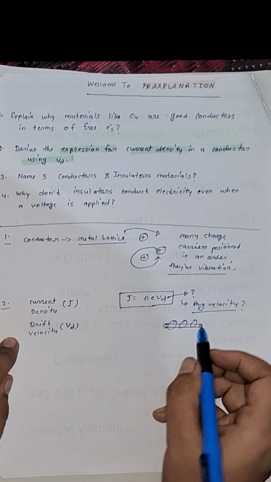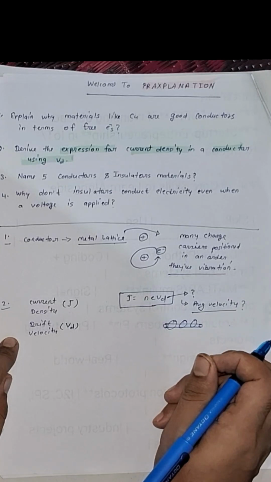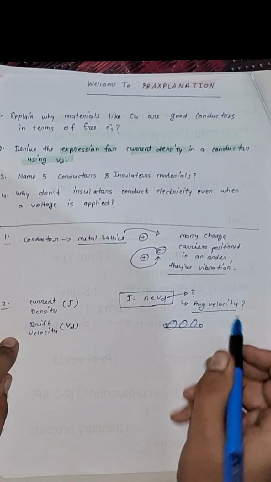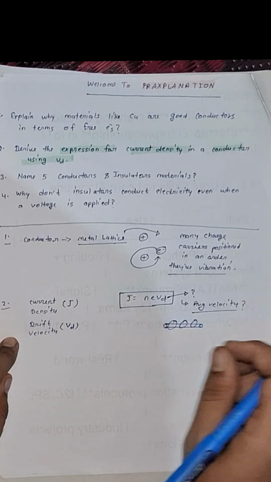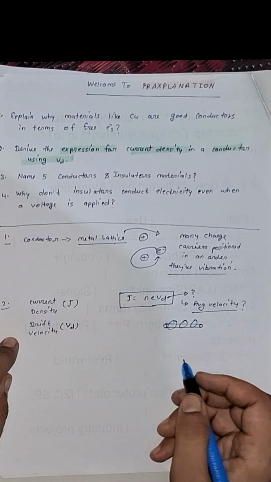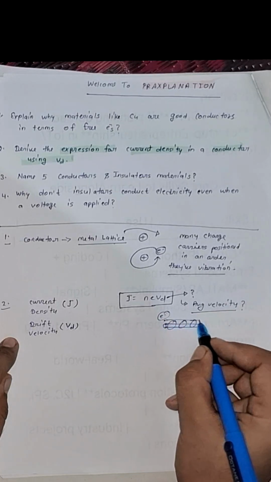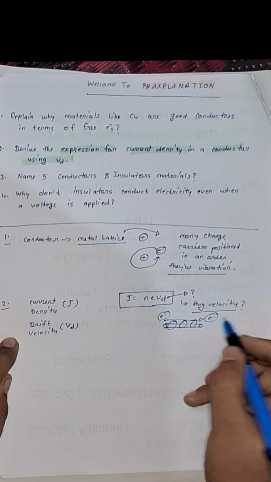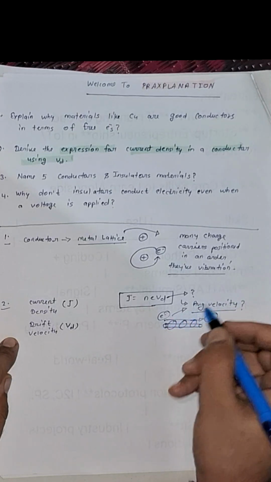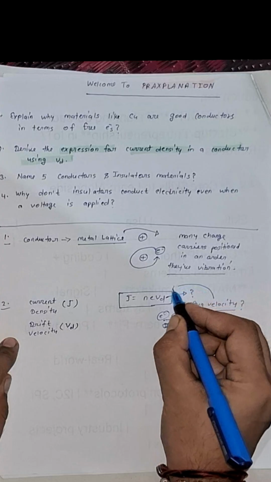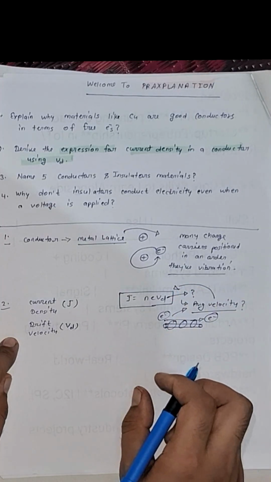Under the influence of the electric field, the average velocity of a charge carrier moving from one place to another place is called drift velocity. So there is a charge carrier moving from this place to this place. They have some velocity, an average velocity, and that average velocity is called drift velocity. That is the meaning.